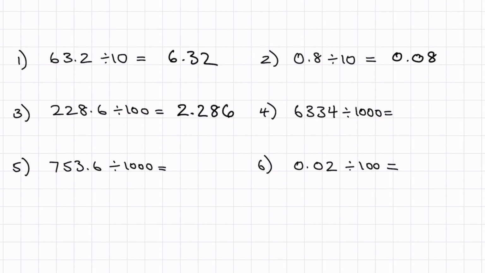6,334 divided by 1,000. So the digits are moving 3 columns to the right. So you end up with 6.334. You've then got 753.6 divided by 1,000. So again, the digits are all moving 3 places to the right.